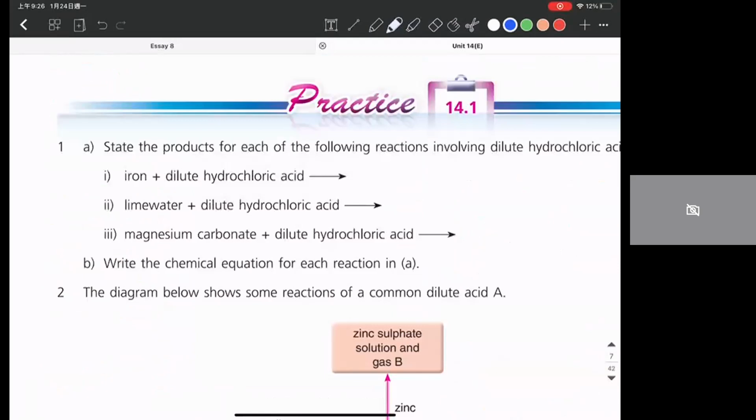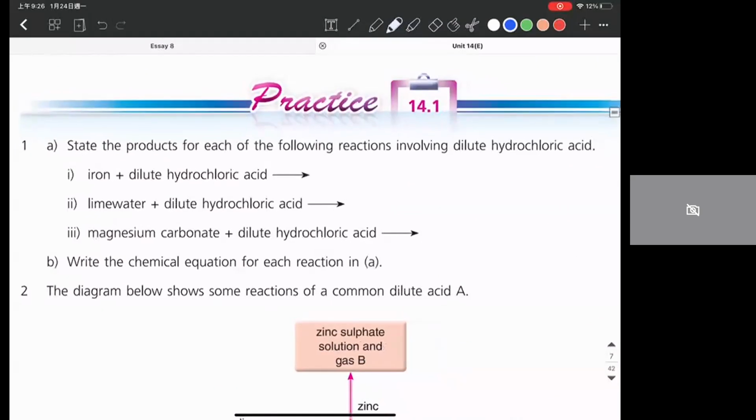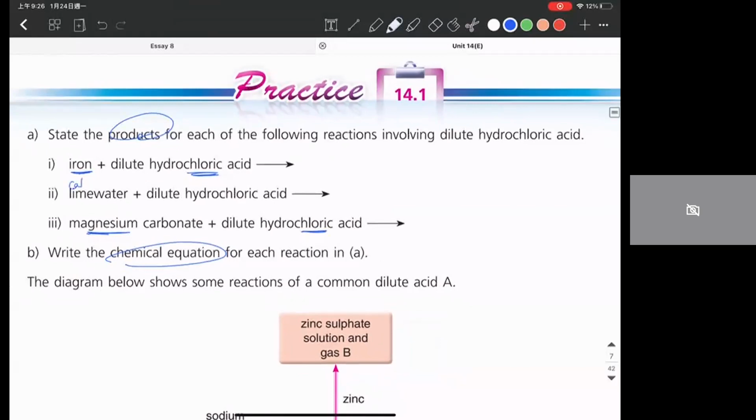First one, you're going to write down the products for each equation and write down the chemical equation. First of all, iron with hydrochloric acid. And then lime water with hydrochloric acid, magnesium carbonate with hydrochloric acid. Lime water is calcium hydroxide solution. I underline part of that to help you get to know what the other product is.